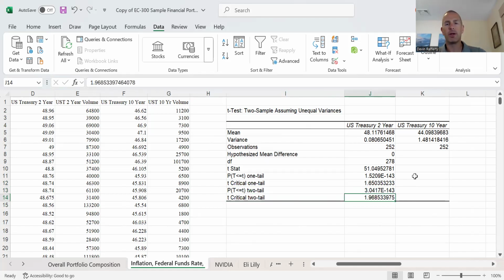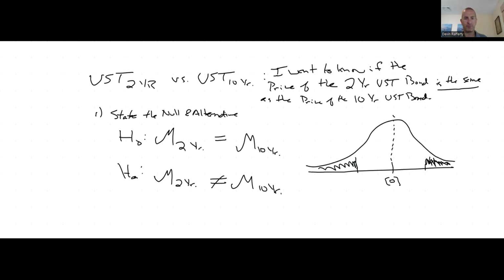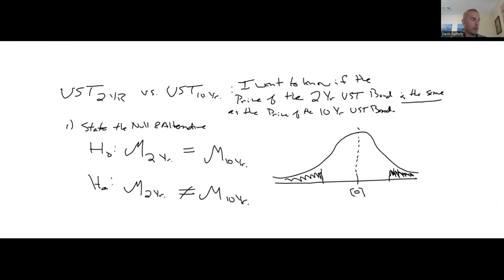So what type of test did we have? We wanted to know if the price of the 2-year Treasury bond was the same as the price of the 10-year Treasury bond. We want to know if they were the same.